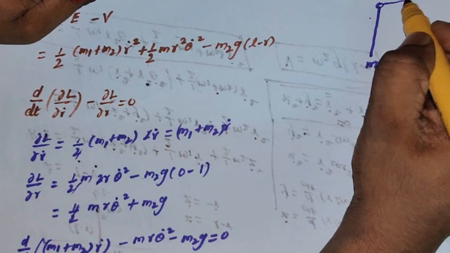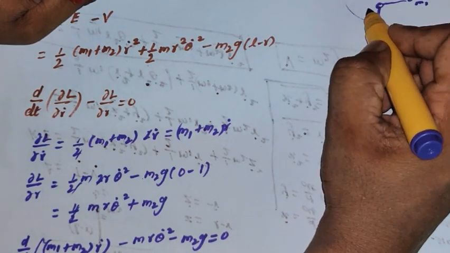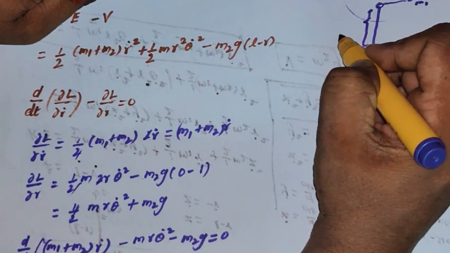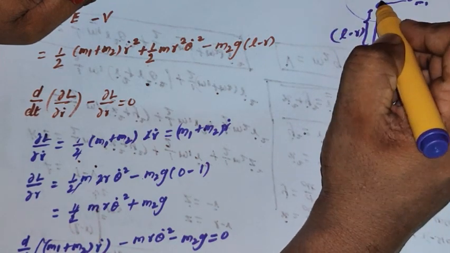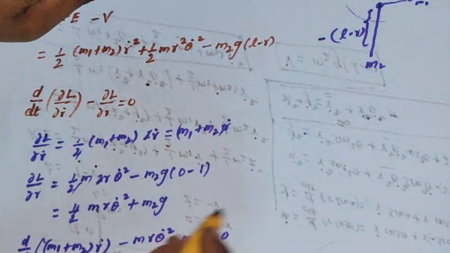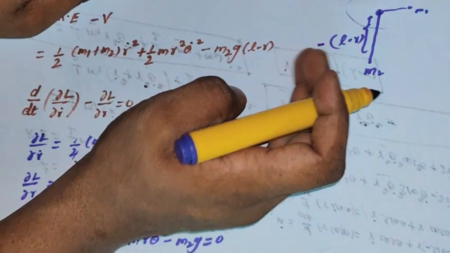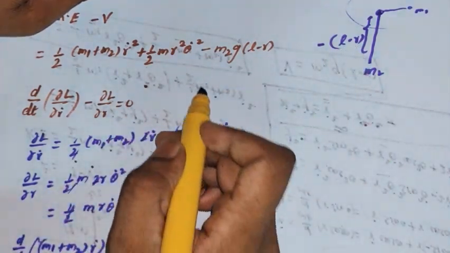Here there is one simple correction, because the second mass particle goes downward from the hole, since there is a plane where mass particle m1 is rotating. We don't want that one. This length is L minus r. If we take this as a reference, it is minus (L minus r), with respect to the minus z axis. So the potential energy would be plus m2 g (L minus r).